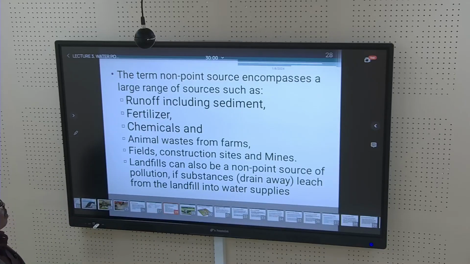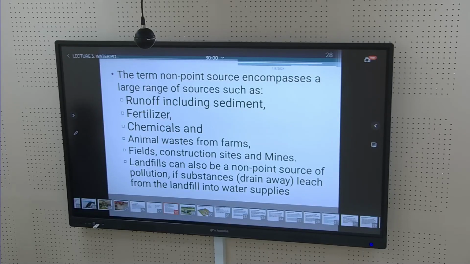The term non-point source encompasses a large range of sources such as runoff, including sediments, fertilizer, chemicals, and animal waste from farms, fields, construction sites and mines. Landfill can also be a non-point source of pollution if substances drain away from the landfill into the water supply.